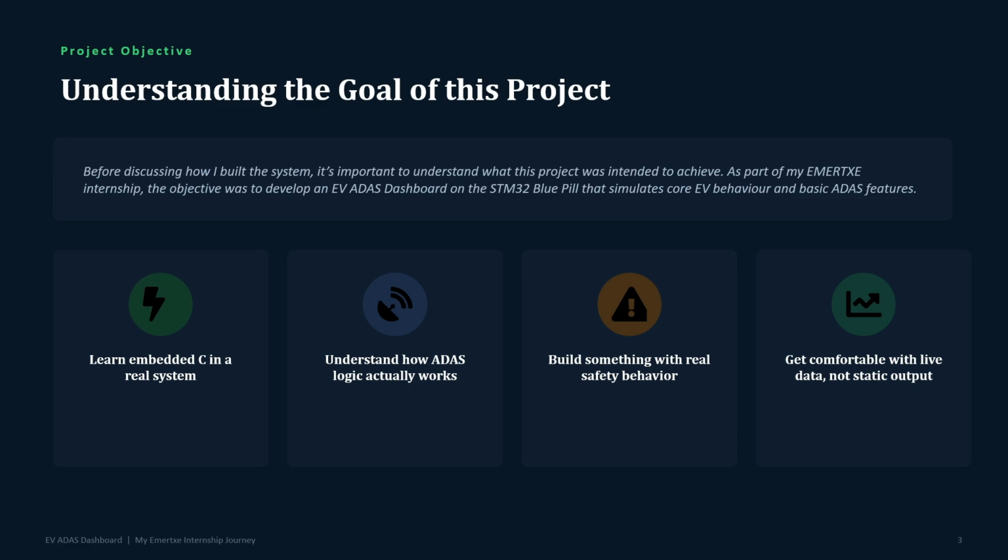Through this project, I got the opportunity to learn embedded C in a practical environment, understand how ADAS safety logic works, build a system with real-time vehicle behavior, and work with continuously changing data instead of simple serial outputs. So this project was not just about writing code, it was about understanding how different embedded modules work together to create a complete system.